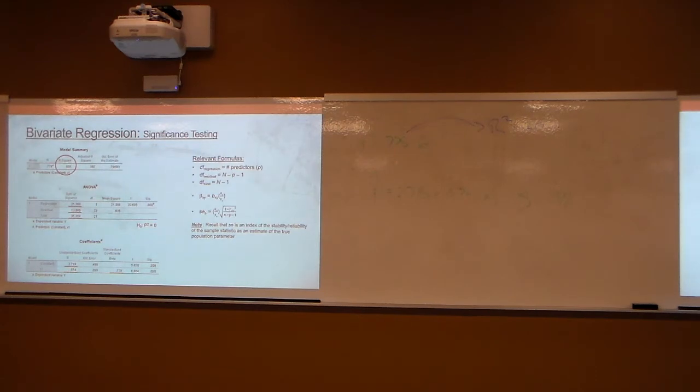Our intercept. Okay, close. This one is not a test of the intercept. What's my F testing? The comparison of the predictability of our model versus just using the mean. Yep, you're absolutely right.